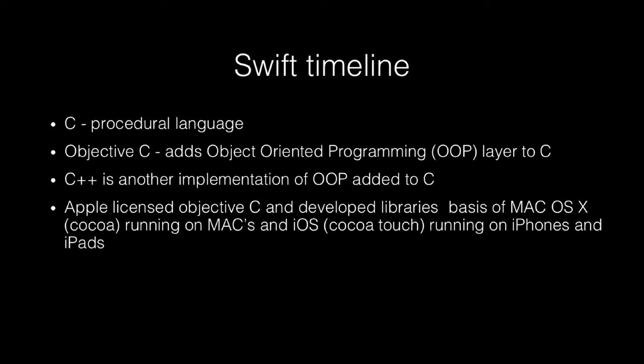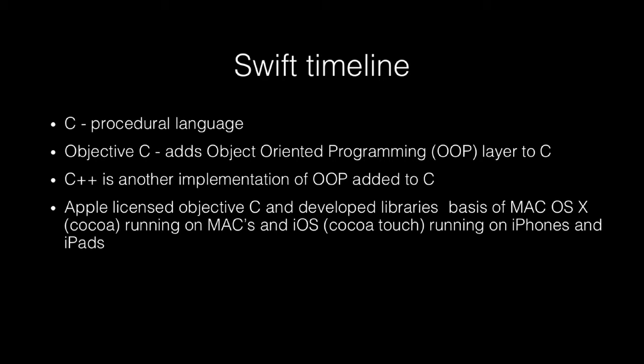One version to run on the Mac computers, or desktop or laptop Mac computers, and that was called Cocoa, and another version of Objective-C to run on iOS devices, on iPhones and iPads, and that version was called Cocoa Touch. So we've had this right up to 2014, mid-2014.